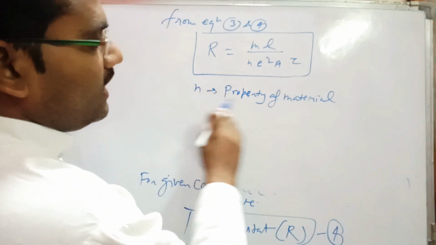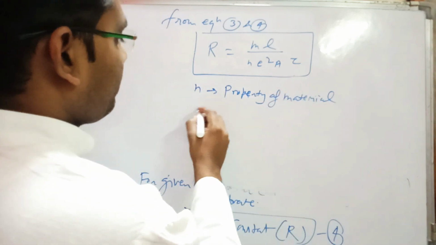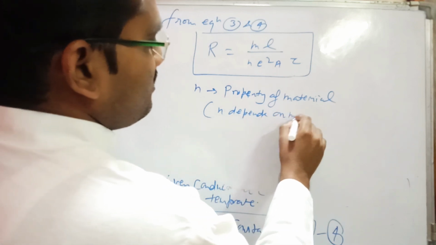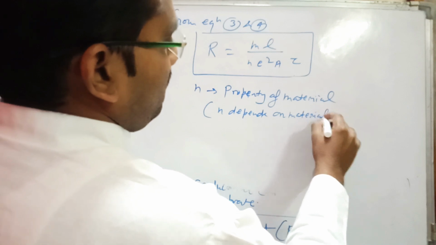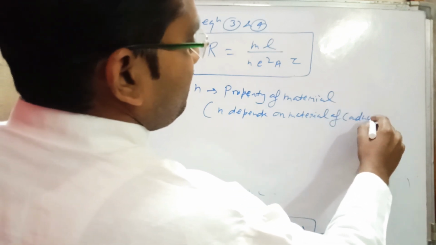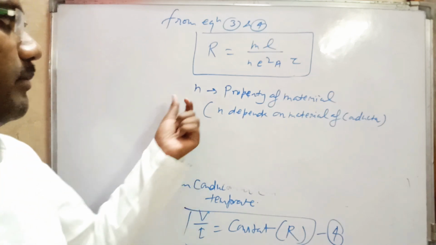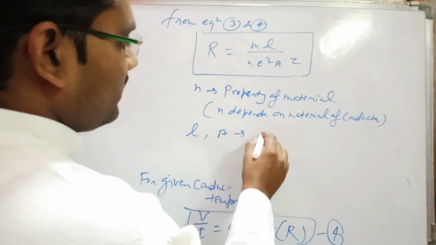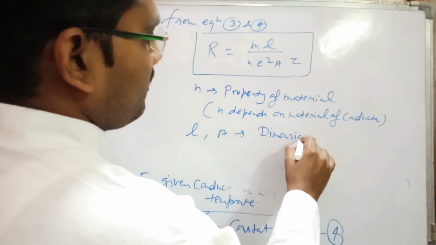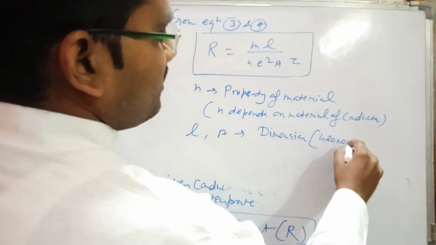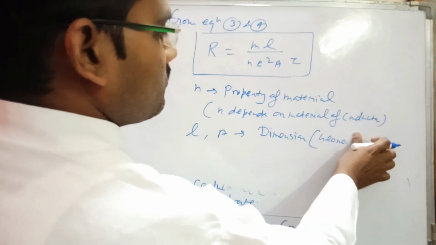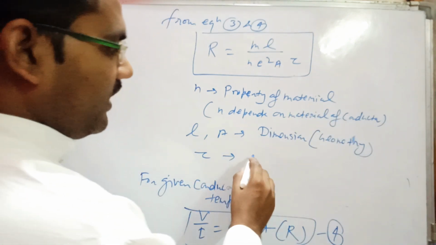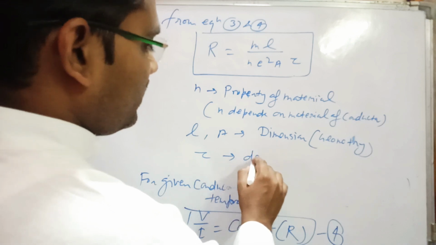That means it depends on the material of conductor. For different conductors there are different values of small n, and L and A are the dimension, that means geometry. And tau is the temperature factor. Tau depends on temperature.